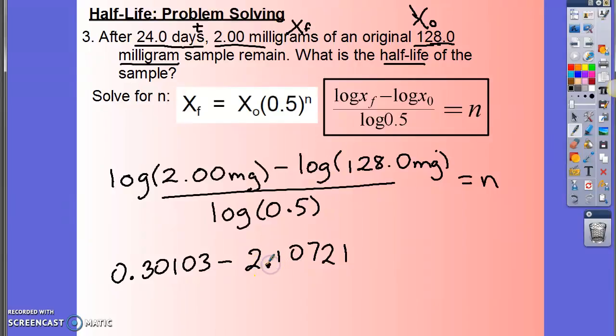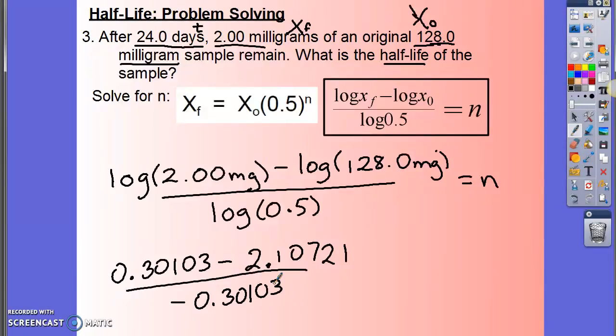Then I'm going to move to the next line. Log of 0.5 is negative 0.30103.